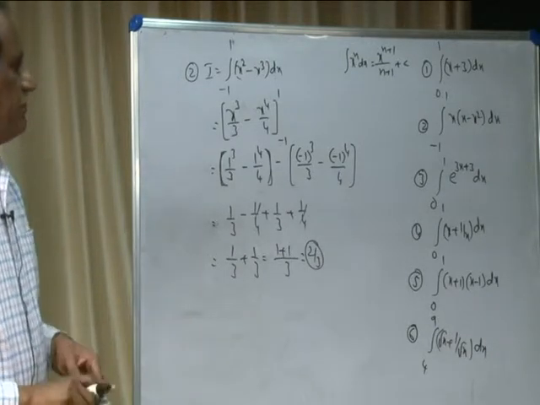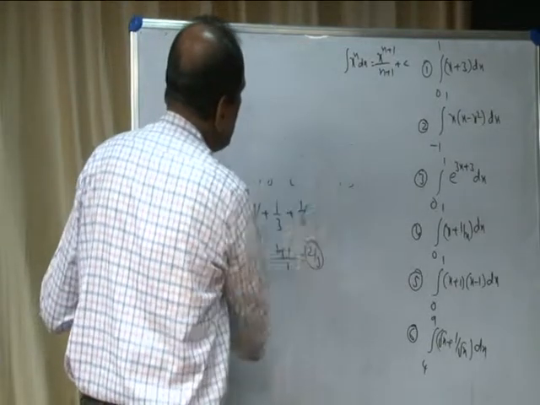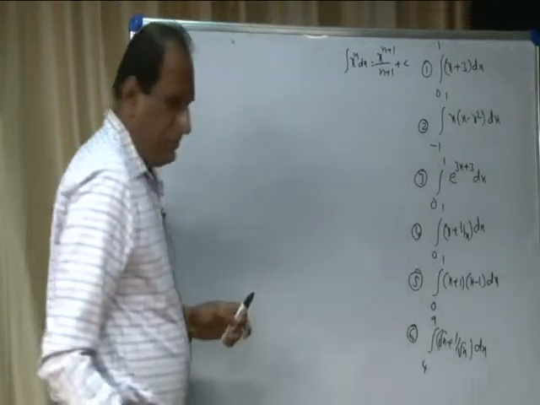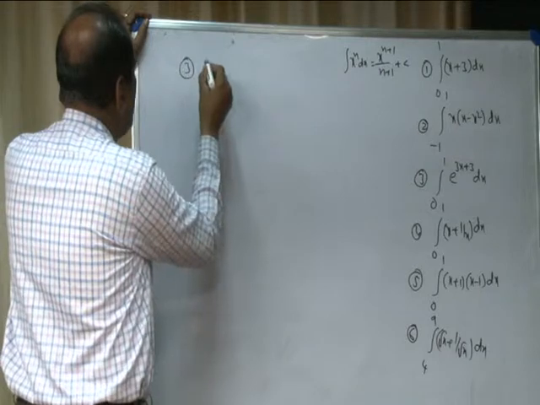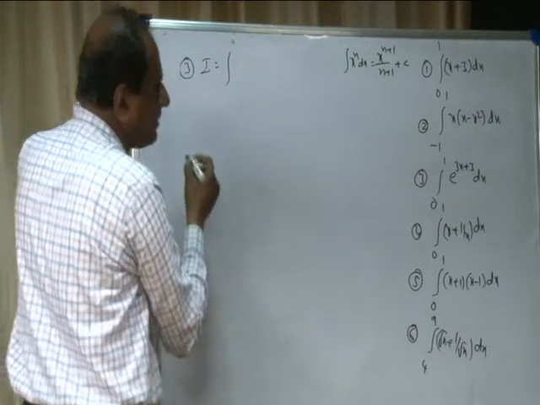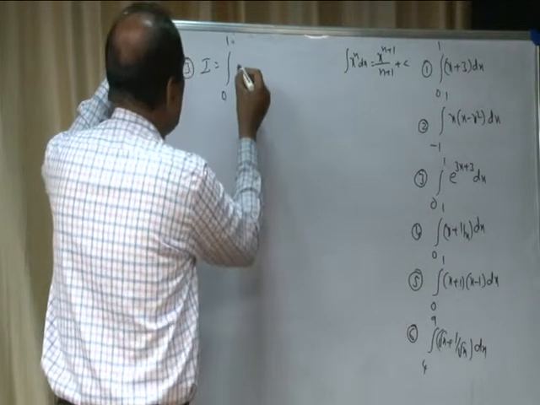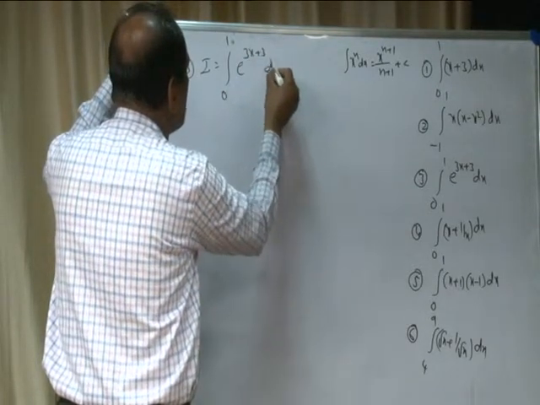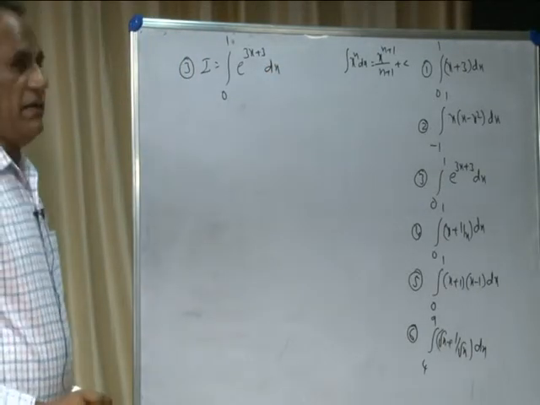This is the second problem. Next problem, an exponential term is there. That is the third problem: I is equal to the integral from 0 to 1 of e power 3x plus 3 dx. How to integrate?